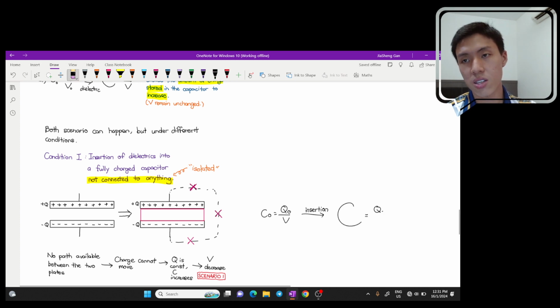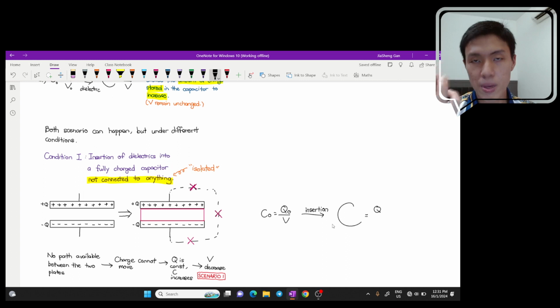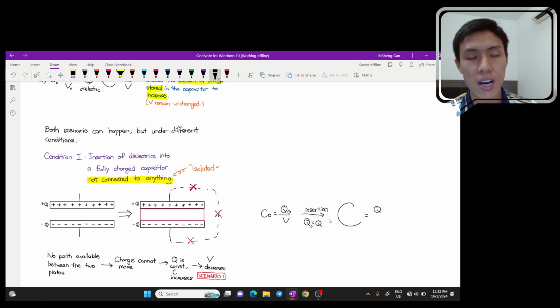Why? Because your capacitor is not connected to anything, so the charge cannot flow out, the charge cannot flow in. So the charge stored initial and final must be the same. You cannot make any changes to the charge stored in the capacitor because there's no path to flow.